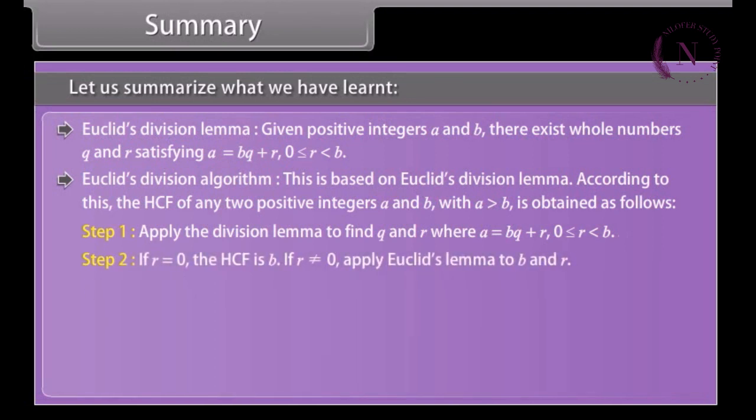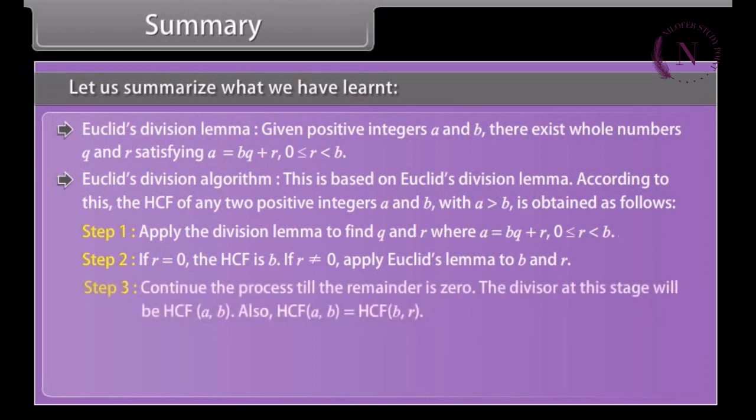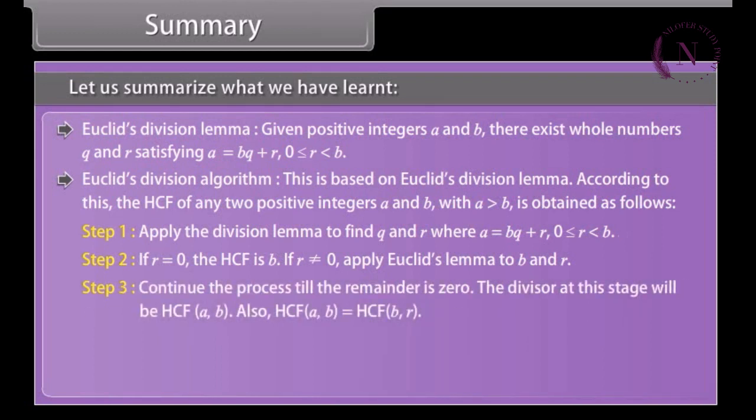If r = 0, the HCF is b. If r ≠ 0, apply Euclid's lemma to b and r. 3. Continue the process till the remainder is 0. The divisor at this stage will be HCF(a, b). Also, HCF(a, b) = HCF(b, r).